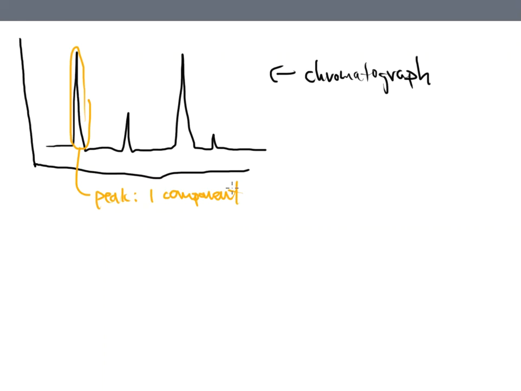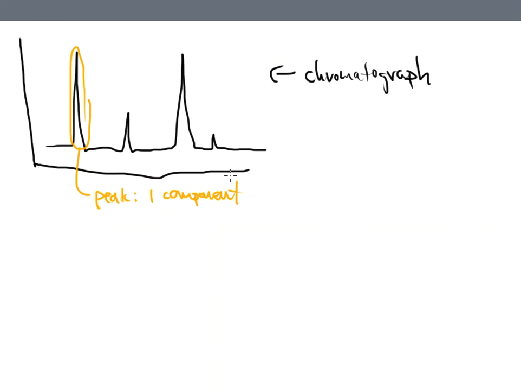Now, I'm assuming that my job has been done the proper way, and I'm assuming that there's no other methods or no other tinkering that I need to do with the piece of equipment. And I'm assuming that that one peak is one component. Now, that's not necessarily the case. That could actually be a very large peak that has two components that haven't separated out from each other yet.